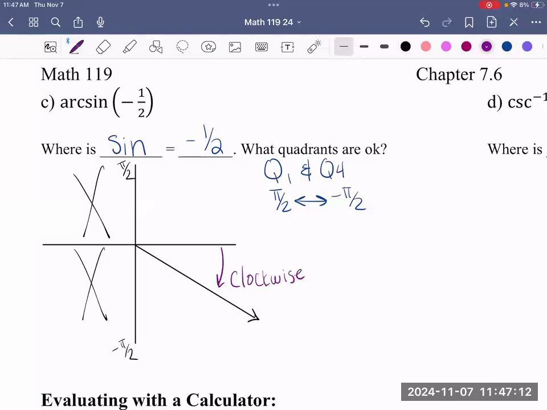Now let's figure out your reference angle, because this is where your y value is negative, because sine of theta is your y coordinate. So where is sine 1/2? That is at pi over 6, when we have √3/2 and 1/2. If I want the negative counterpart, I have just gone down below by -pi/6.